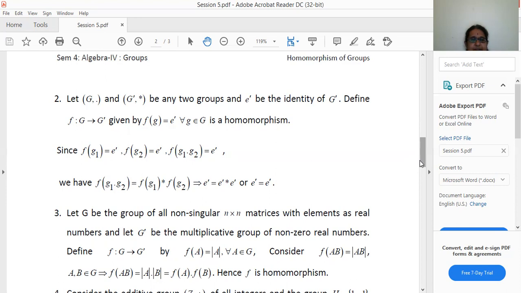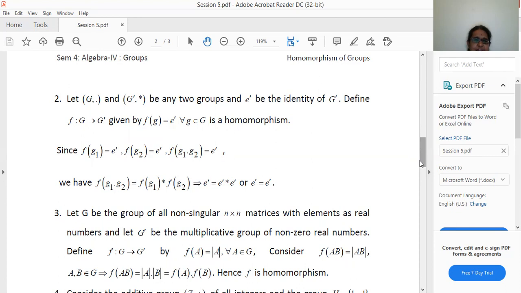Define f from G to G' by f(A) = |A| for all A belonging to G. In this problem, G is the group of all non-singular n cross n matrices with real elements, whereas the codomain G' consists of non-zero real numbers, that is real numbers excluding 0, with binary operation as multiplication.